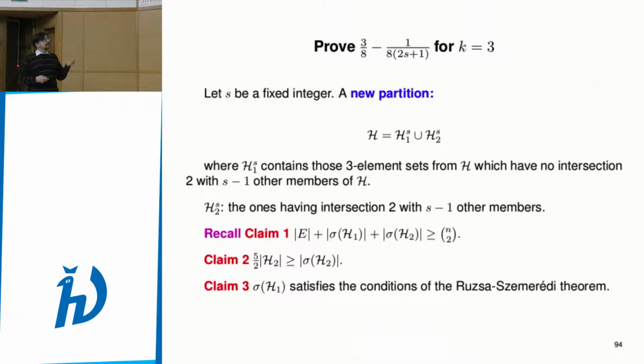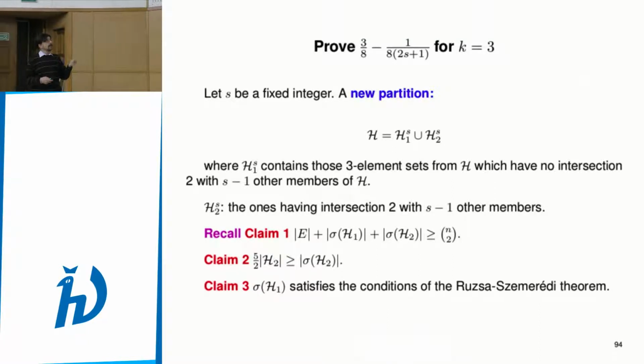So recall the claims, because the proof was based on these three claims. And what should we get now here instead? And I will not carry out the details afterward. We have seen that these were sufficient to prove.